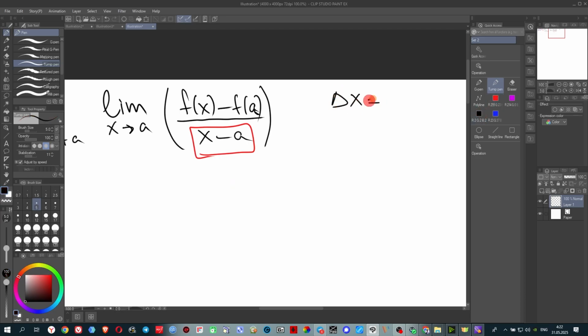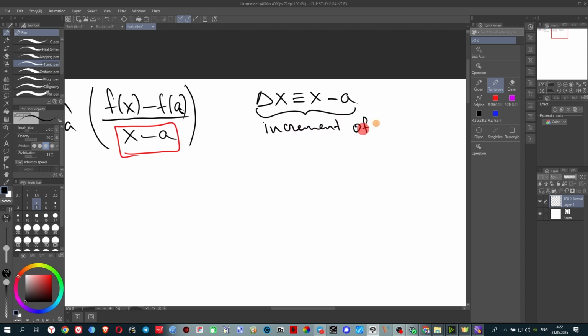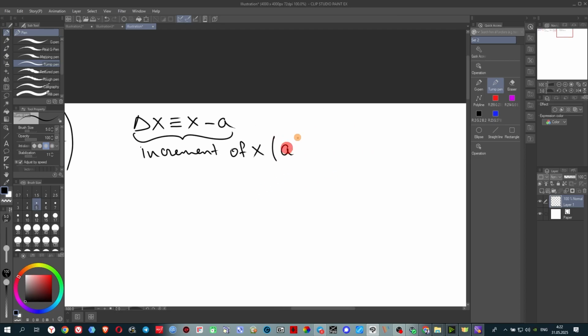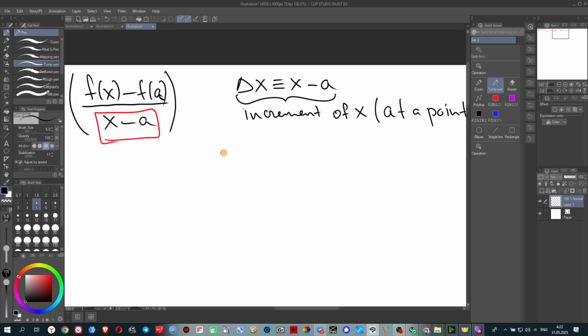Delta x, by definition, is x minus a, and we call it increment of x. You can also write it as at a point a. Perfect. And the same for the expression on the top, in the numerator.